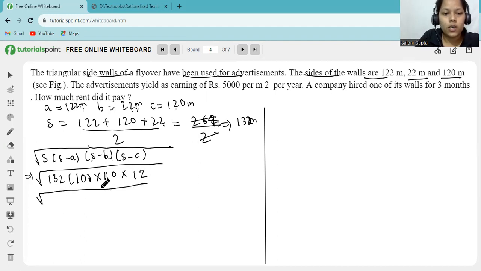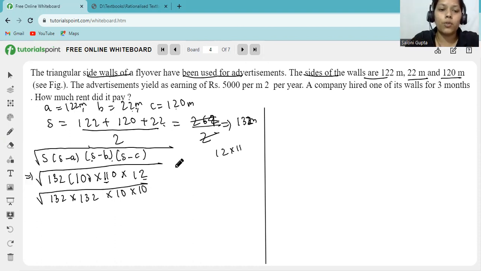Right, so what are the values? 132 into 10 into 110 into 12. Here I can break 110 as 11 into 10. So 12 into 11, again 132 will come, and 10 into 10.